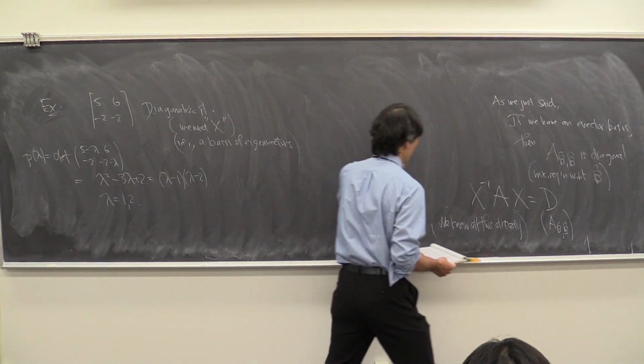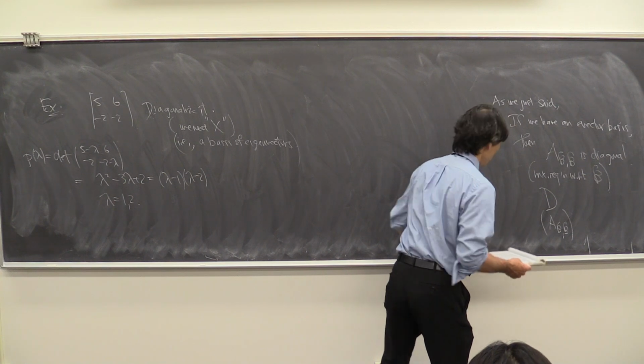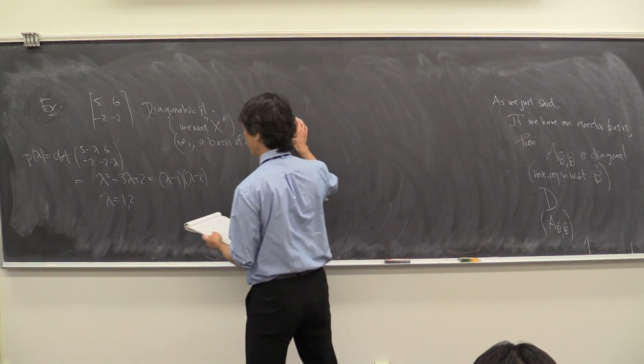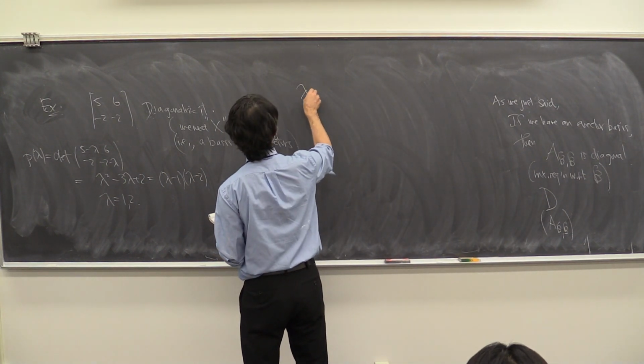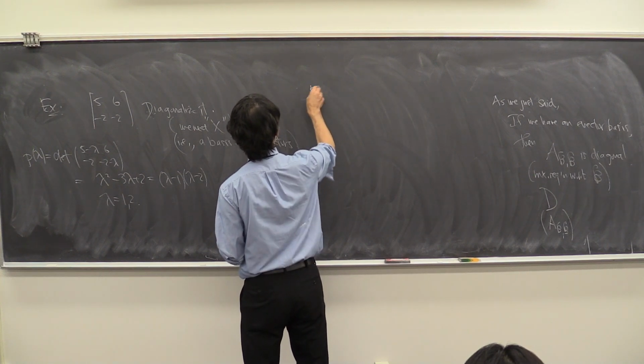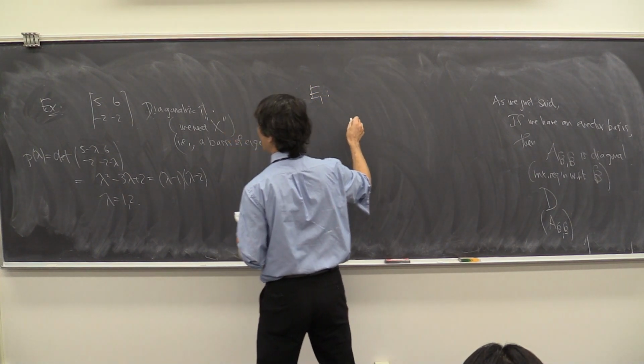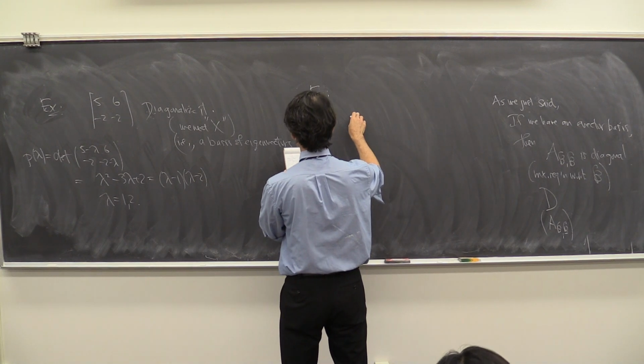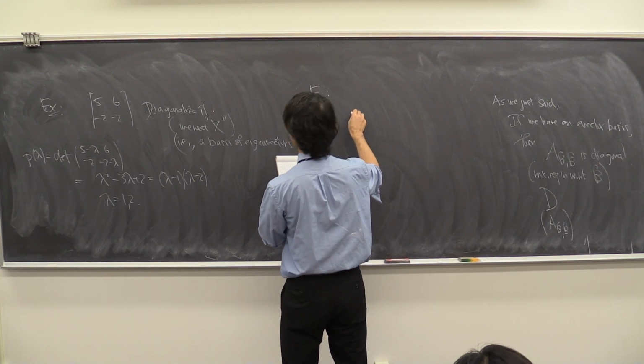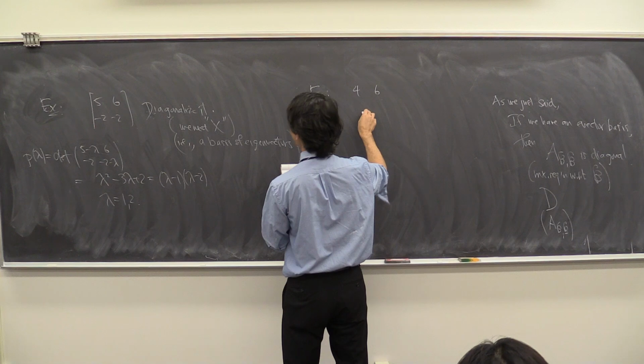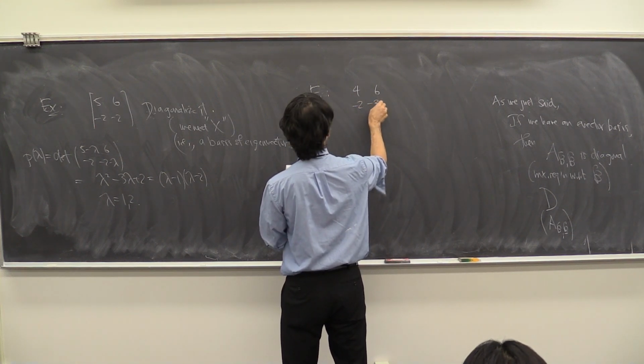Then we just need to find the eigenspaces. For E sub 1, we look at 4, 6, -2, -3.